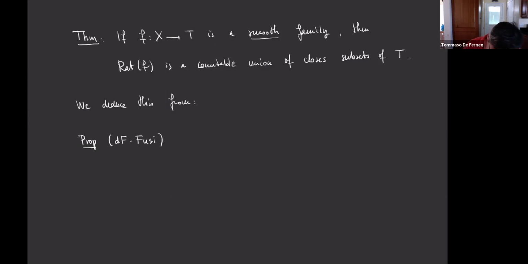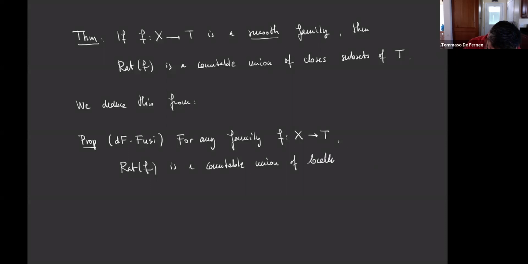It says the following: for any family f from X to T, the rational locus of f is a countable union of locally closed sets. So the difference in the statement is that these sets are not necessarily closed, they're locally closed.